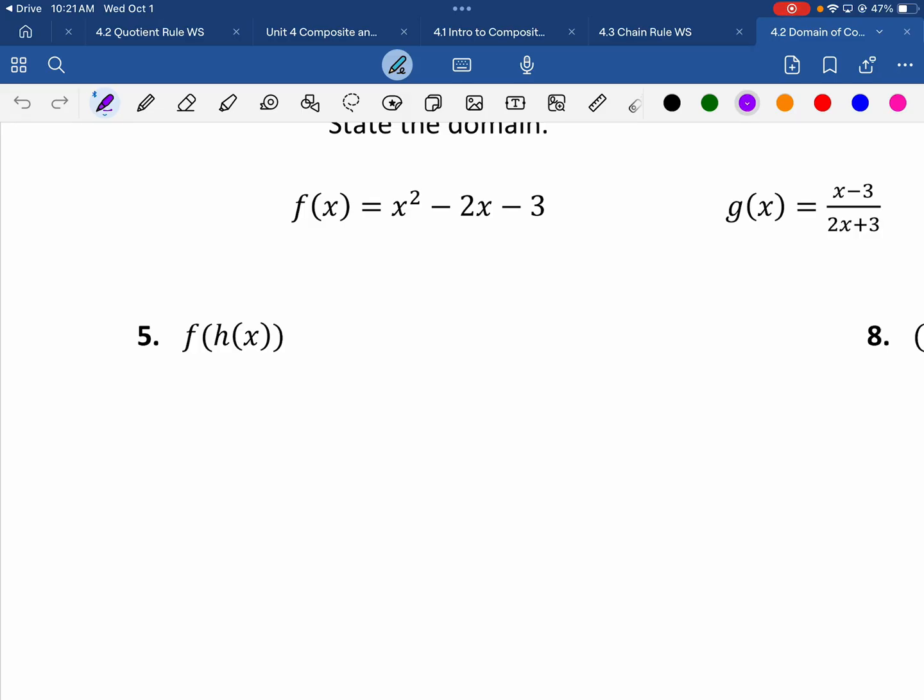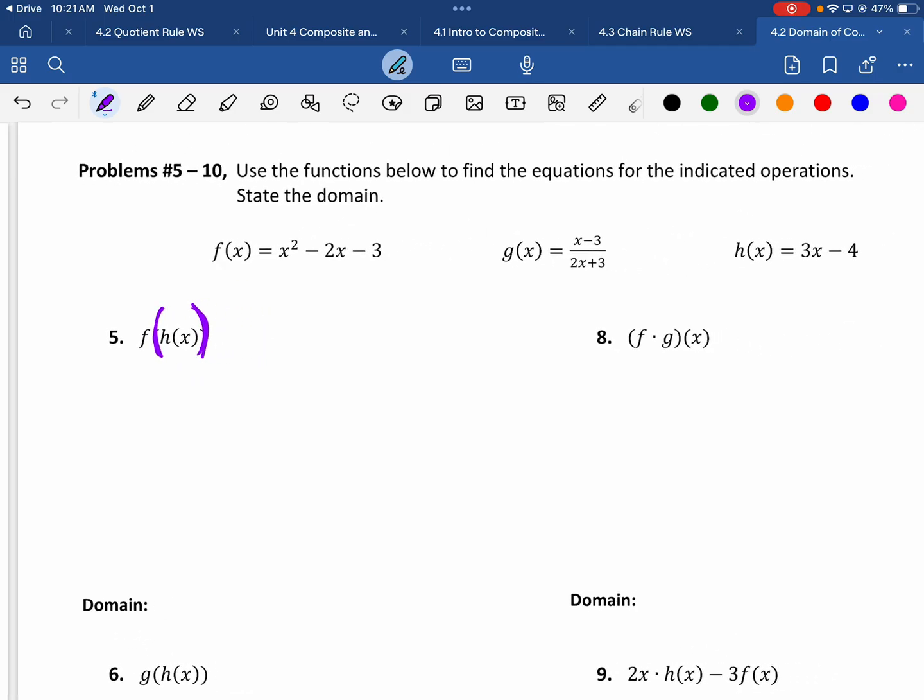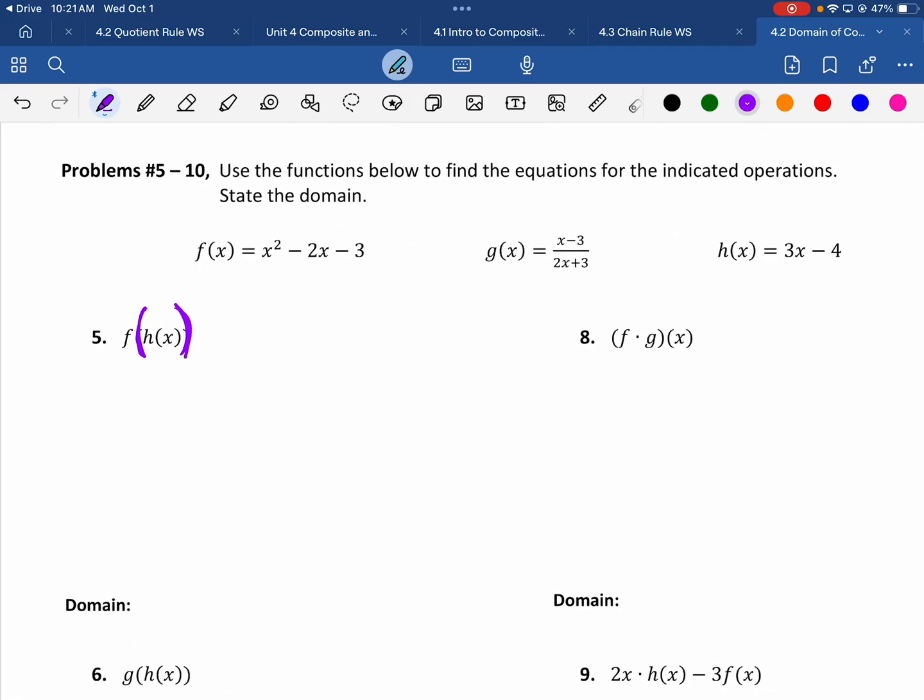So this h is your inside. Now on 8 though, this guy here, because it's not an open circle, this is a regular multiplying. So this number 8 is not a composite. You would just multiply the f function times the g function. So that one's just multiplying. But like 5 and 6, those are composites.